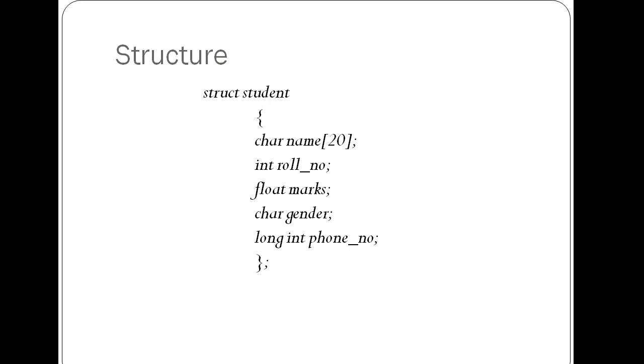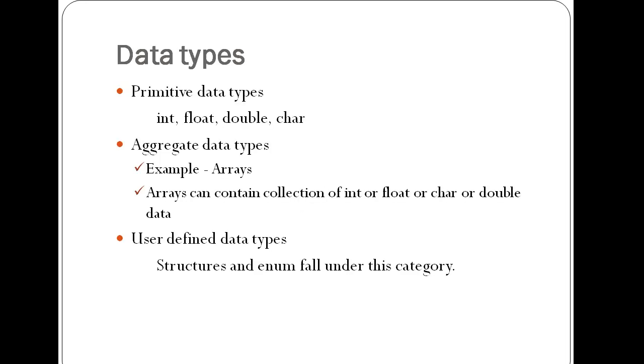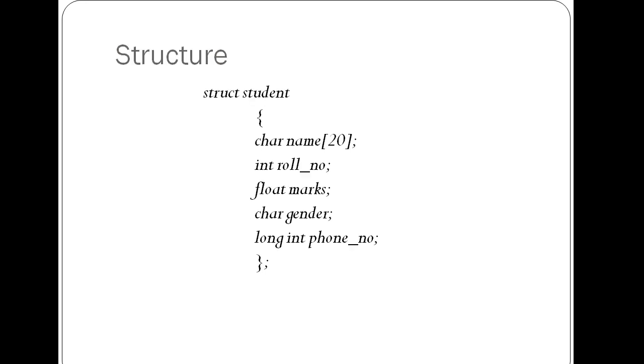As I have mentioned, for user defined data types, we have structures and enum. This is how we define a structure with the keyword struct. Struct student: student is the structure name, and then we have the structure elements.